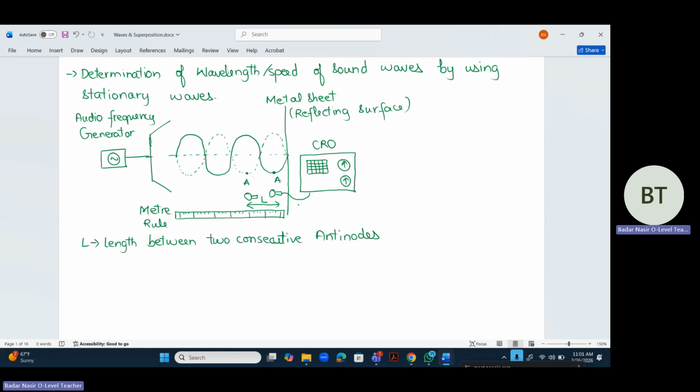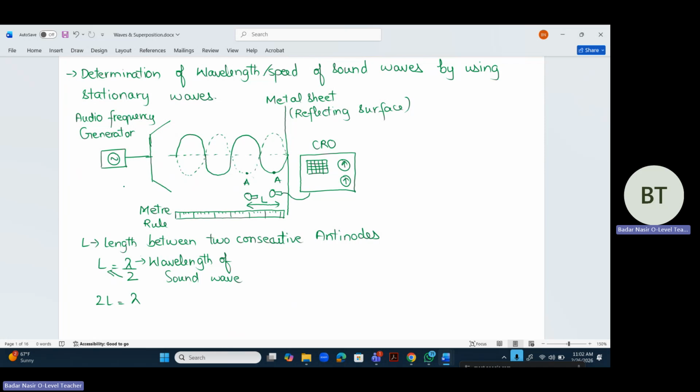So इसका मतलब है this length L is equal to lambda over 2. ठीक है, and if I want to find out the wavelength of this sound wave, ये 2 को उधर जाके लेंथ से मल्टीप्लाई कर दूंगा. So this is how we calculate the wavelength of the sound wave.